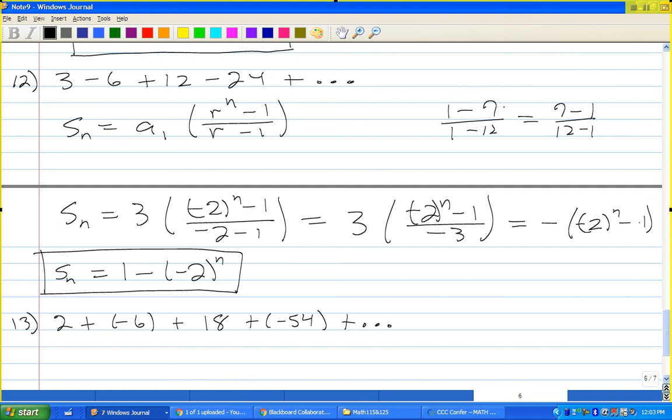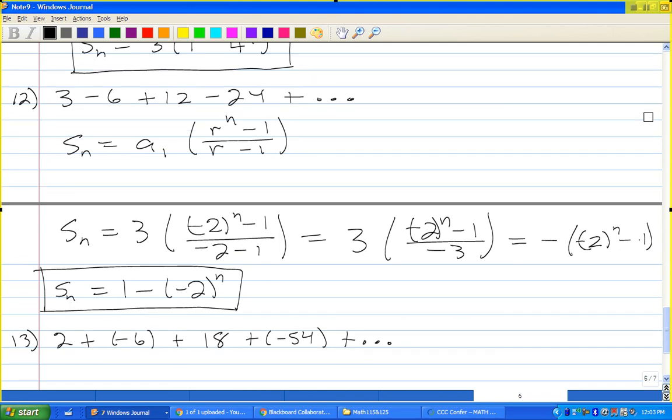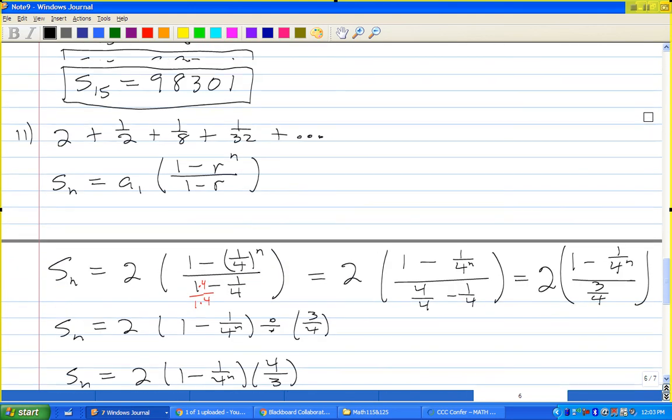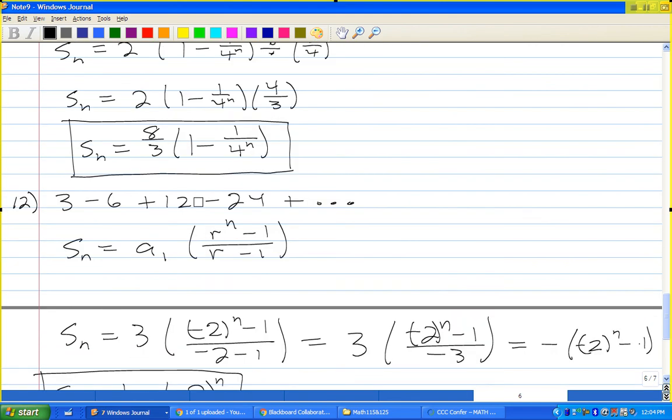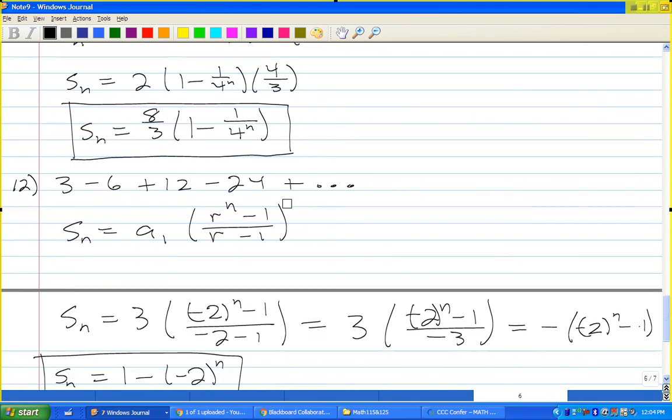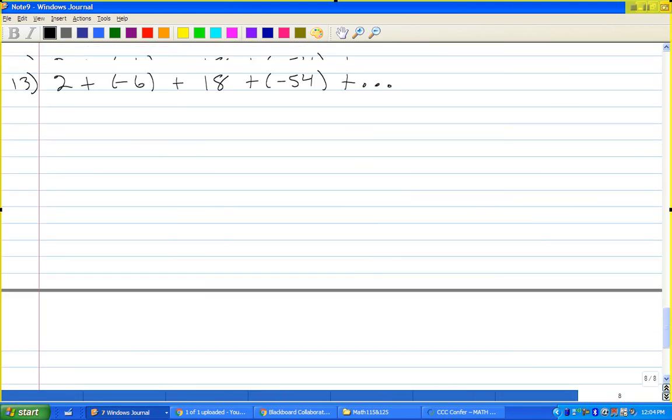Because you would get a negative 6 over negative 11, or you get a 6 over 11. Obviously, the negatives cancel, right? So it doesn't matter which way you write these. I usually write r second if r is a fraction, and I usually write the r first if the r is greater than 1. But it really doesn't matter. It's just my habit of writing it.